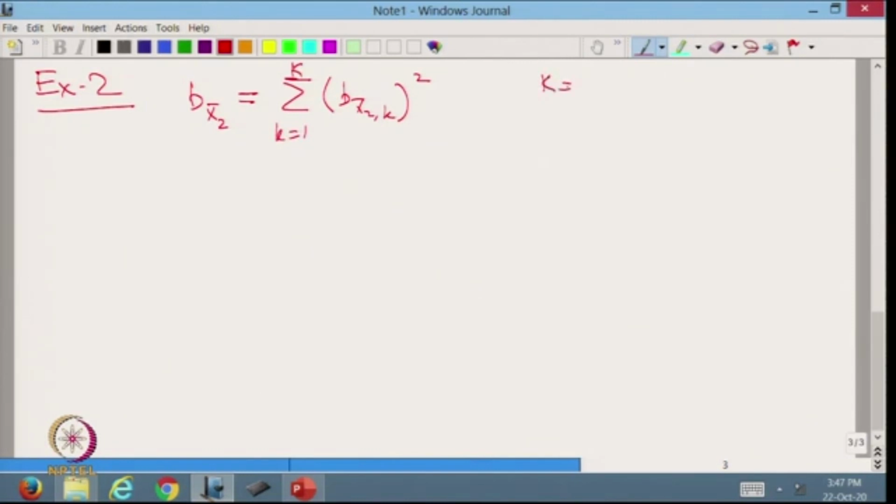In this case, we have 4 elemental sources, k is equal to 4. The values have been given, so we can open up this, and finally, this is all square root of all this.